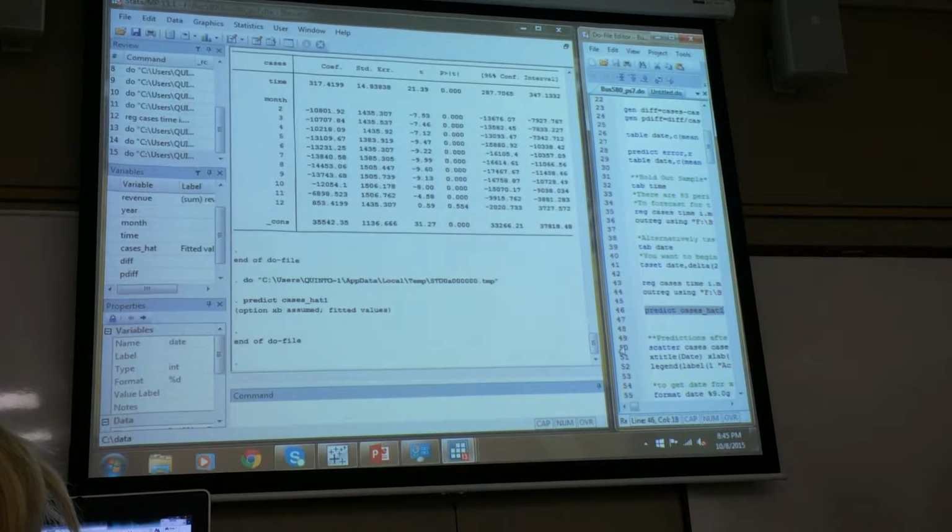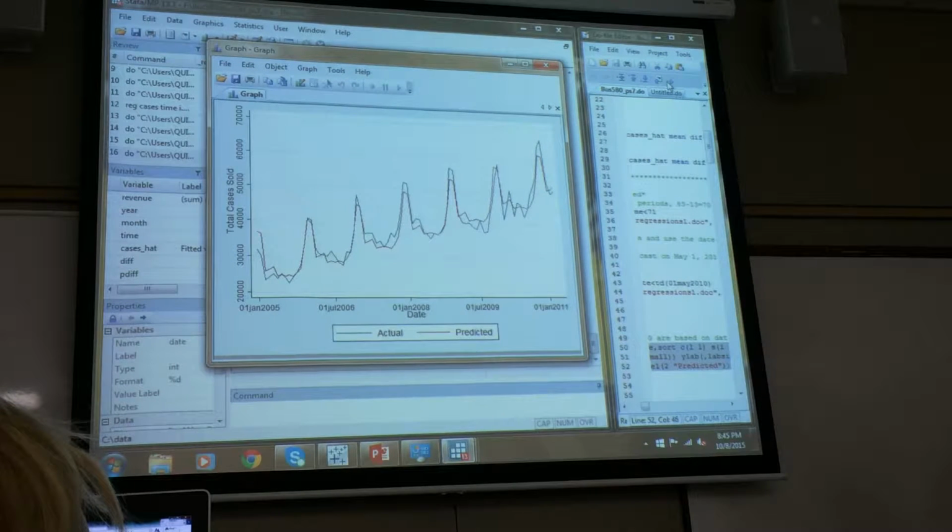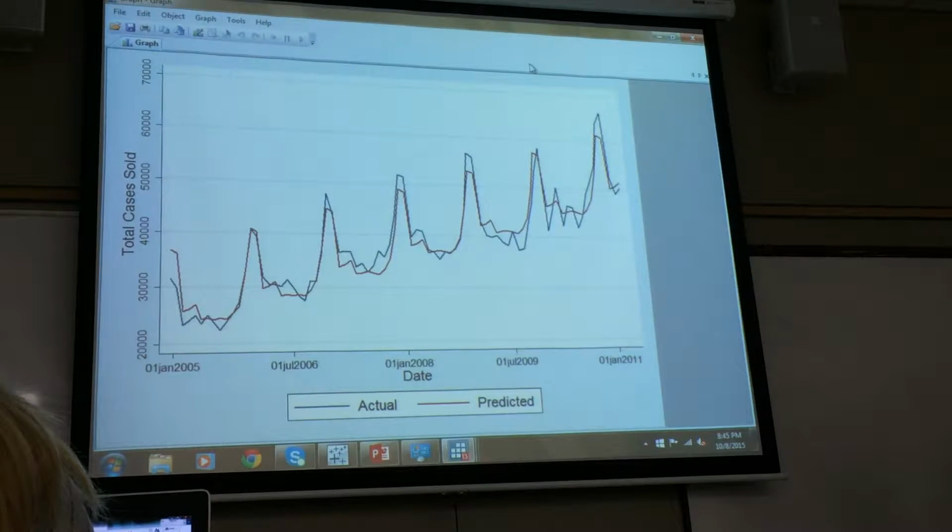Let's see what this looks like. I don't know, you can't really tell much. We do know that prediction, well, let's do this.